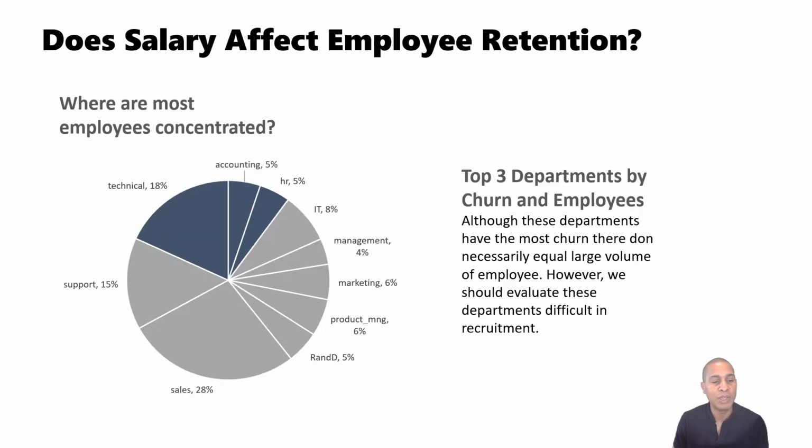And when we talk about the total number of employees per department, we can see we've identified those top 3 that have the most churn, technical, accounting, and HR. Out of those 3, technical has the highest amount of employees, which is a quite large group. And we would consider that a great candidate for our program due to the fact that recruiting technical employees is quite difficult.